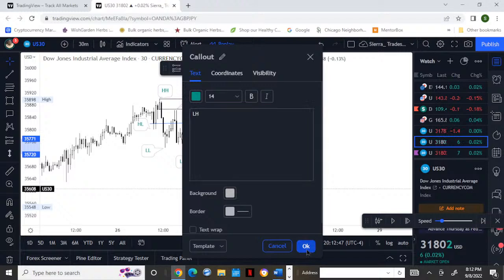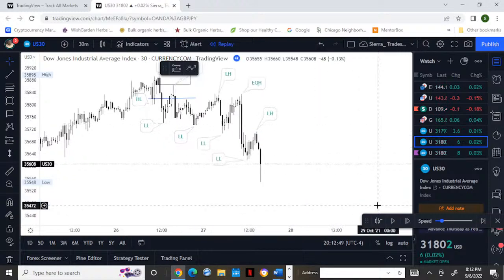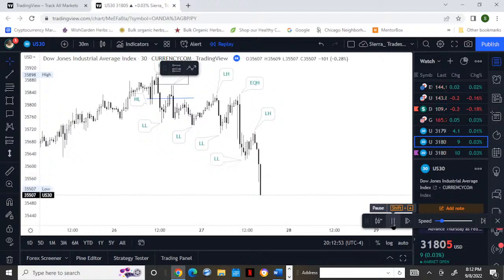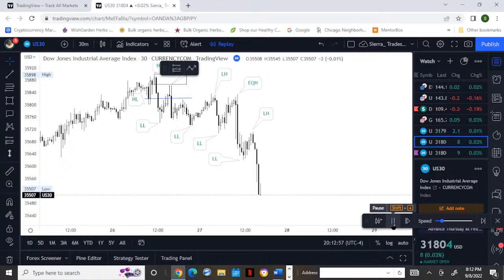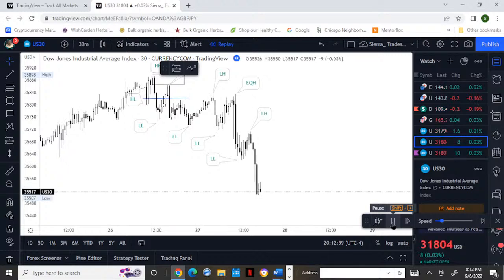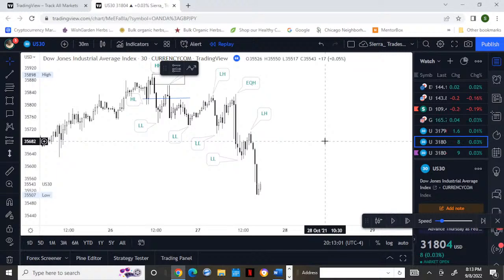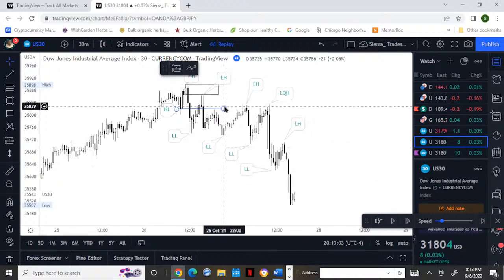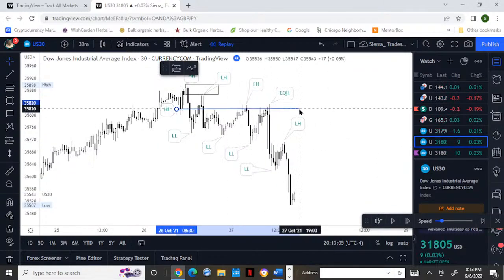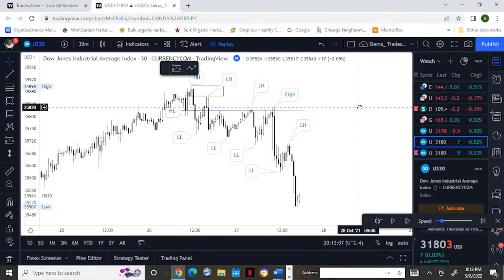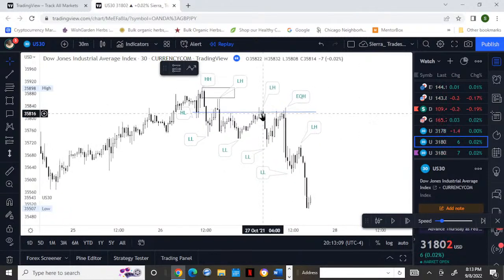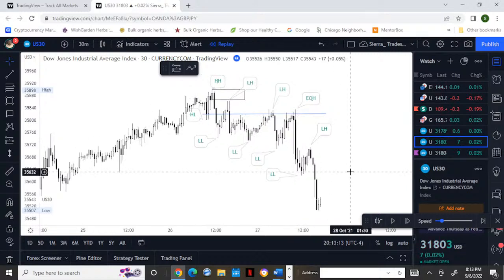Another lower high. Another thing I want to keep track of, structure was tested twice and then dropped.